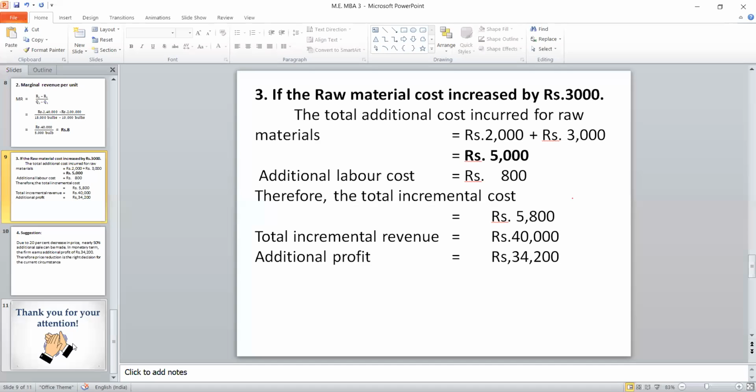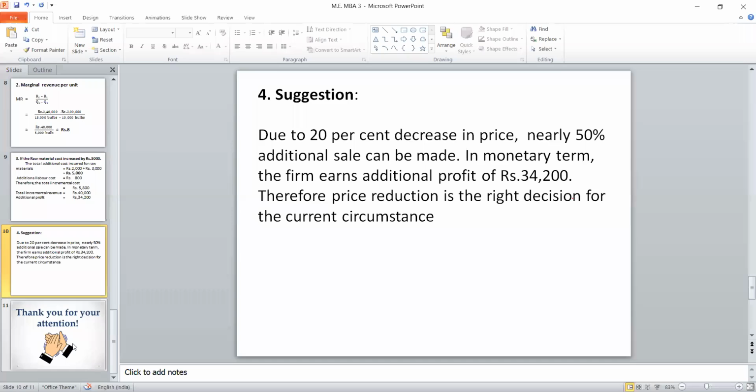Now we have to suggest whether this price change is required or not. Due to a 20% decrease in price, we can increase sales by nearly 50%. Even in monetary terms, the firm earned an additional profit of rupees 34,200, even though raw material cost is increased by 3,000 rupees. So therefore the price reduction is a very right decision for the current circumstances.